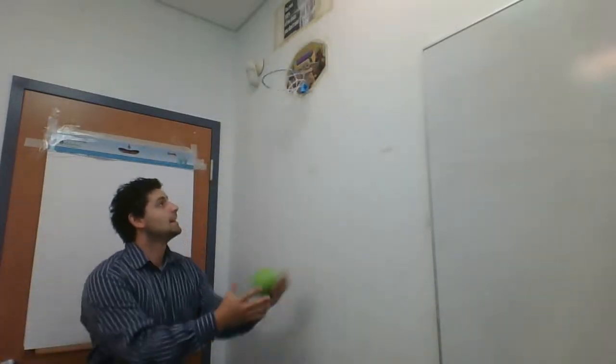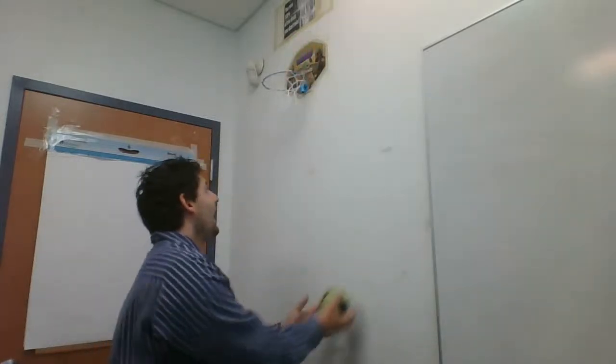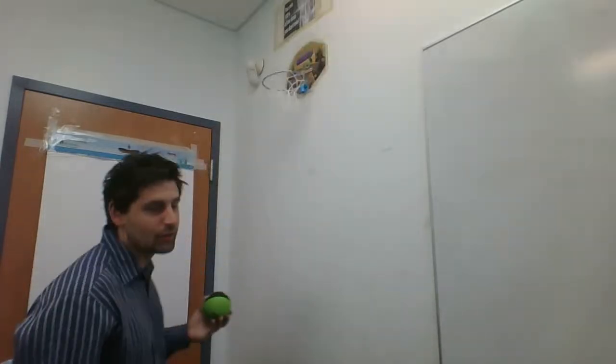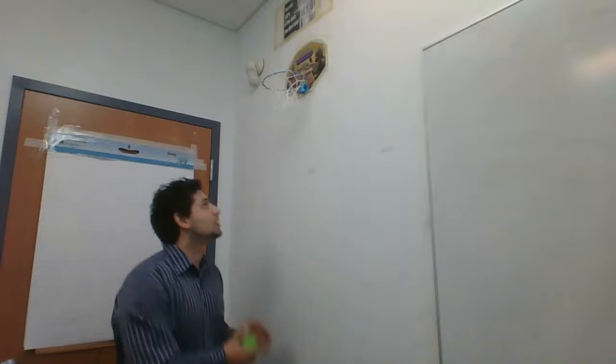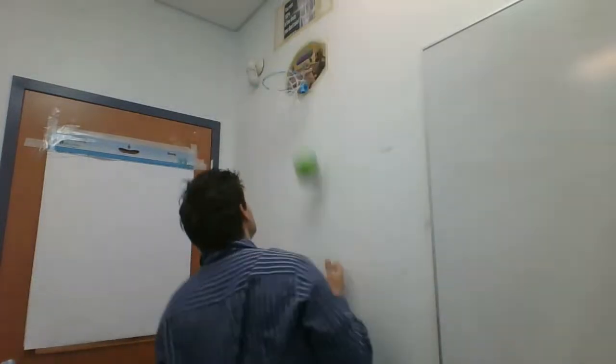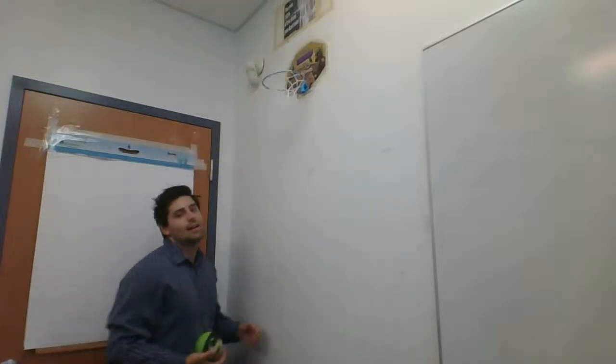Harder than it looks. 9, 10. You gotta get better with my right hand. 10. If I lose count, what I'll do is I'll do a few extra to make sure that I have not lost count. All right.